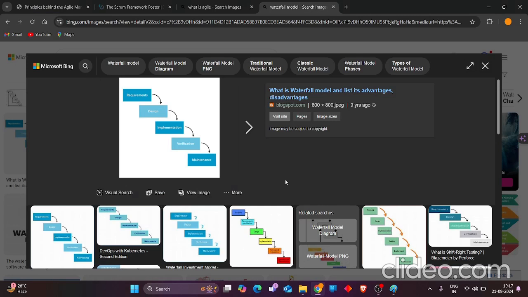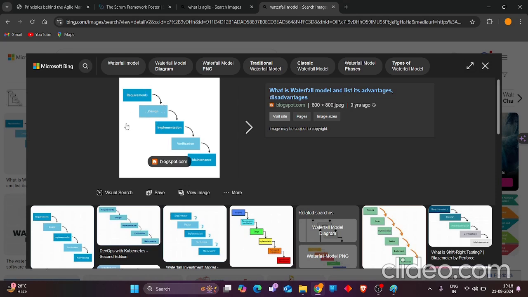Today we are going to learn about Agile methodology, the Scrum Framework, and something about the waterfall model also. I'm going to start with the waterfall model because it's the history behind Agile's discovery.